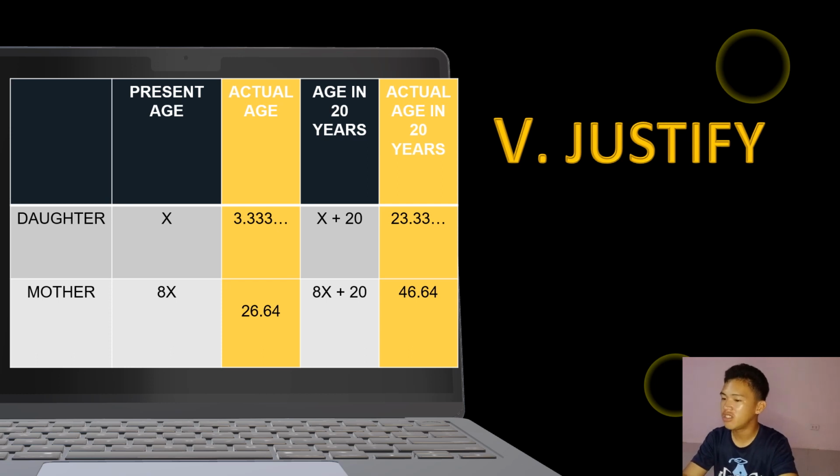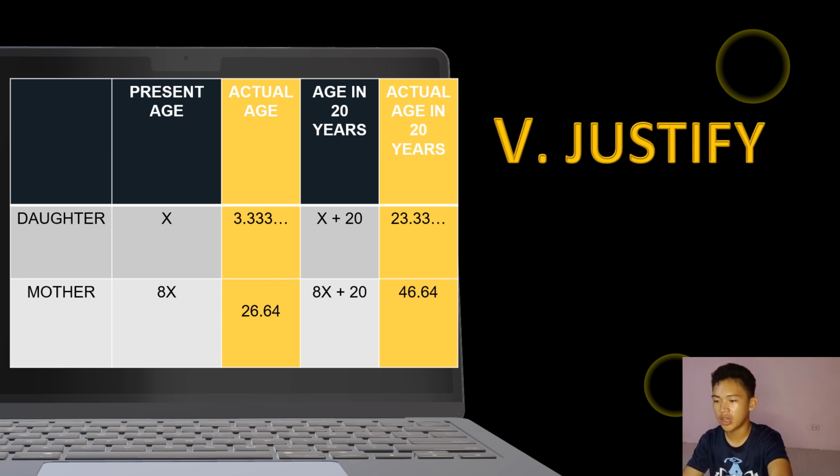That would be the age of the mother. So in 20 years, the age of the daughter would be 23.33 something, because x here is 3.333 and we are going to add the 20. So 3.333 plus 20 is 23.33.